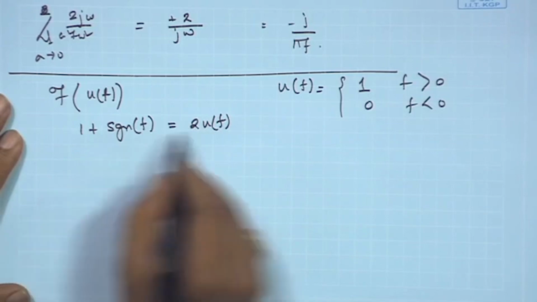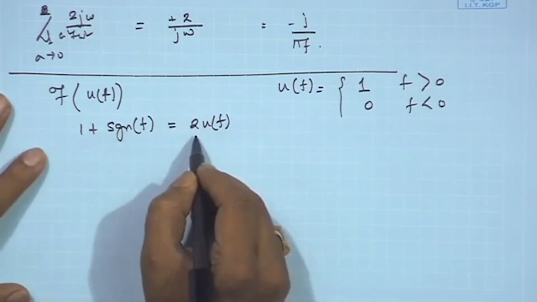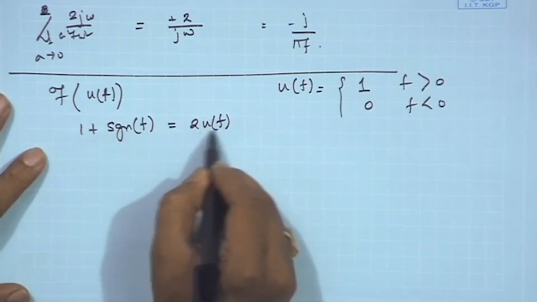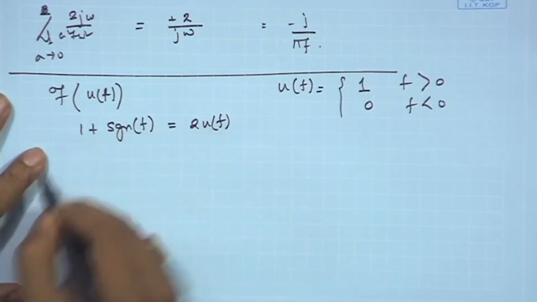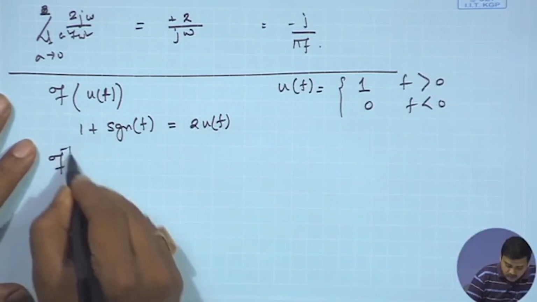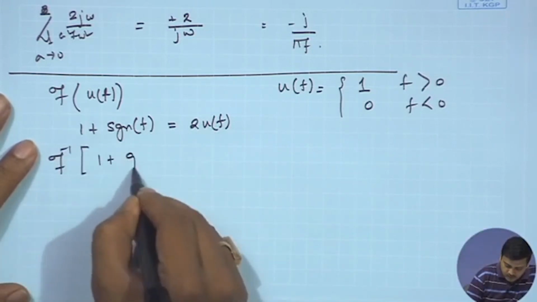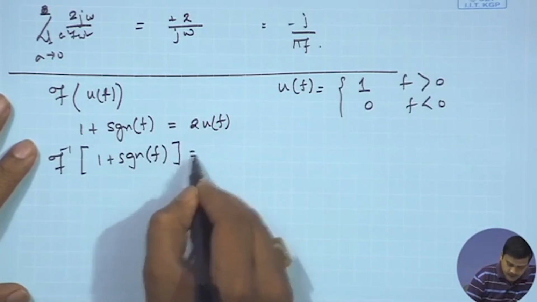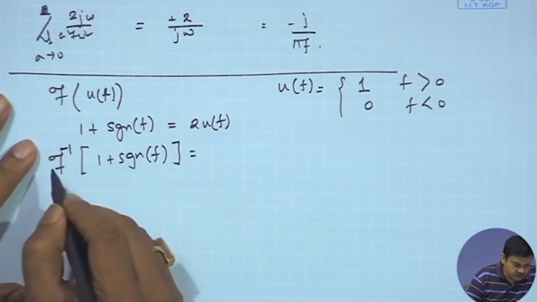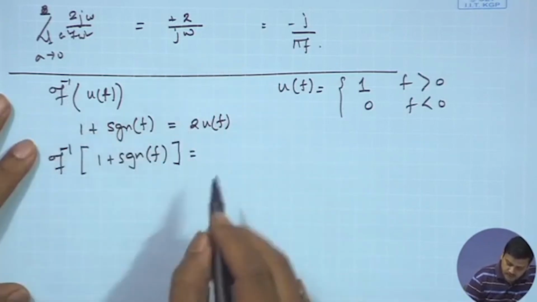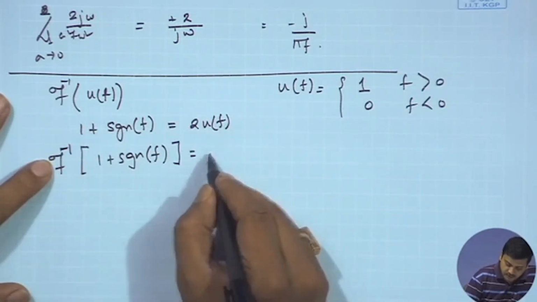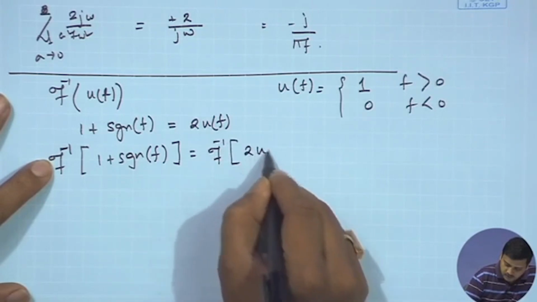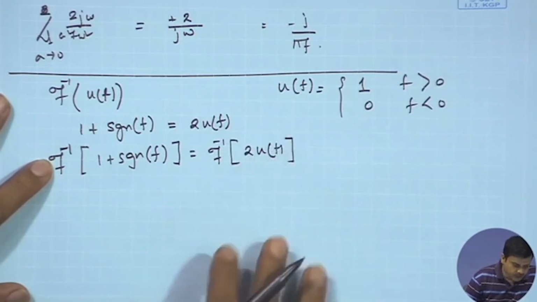It will be quite evident why we are doing this, because we want finally u of f, and we can divide this. So we are interested in the inverse Fourier of 1 plus sgn of f, that is, the inverse Fourier of 2 u of f.